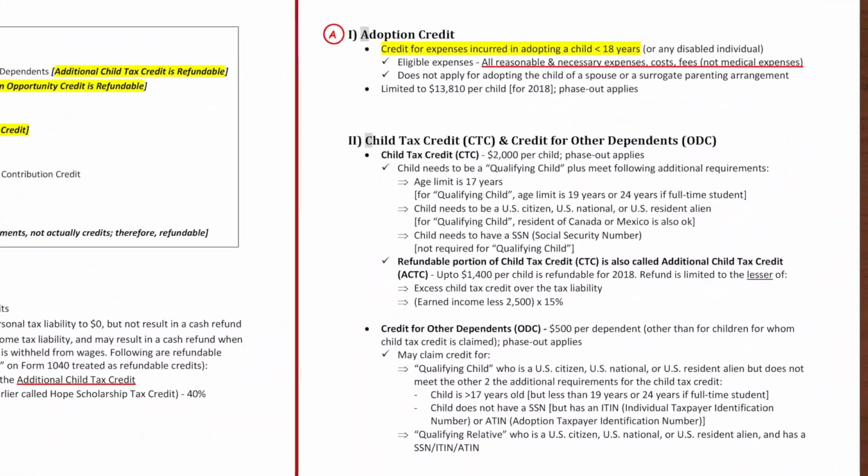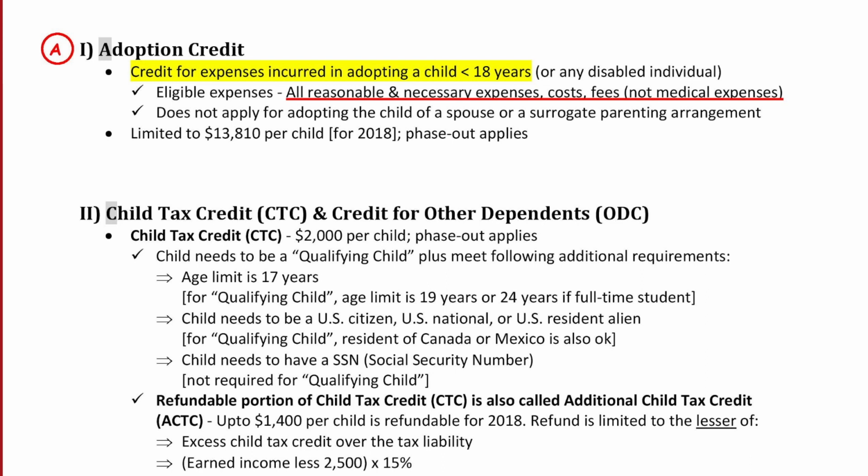Back on page 83, we are looking at the C of ACE, which is child tax credit and credit for other dependents. Highlight child tax credit, which is up to, put a box around, $2,000 per child.